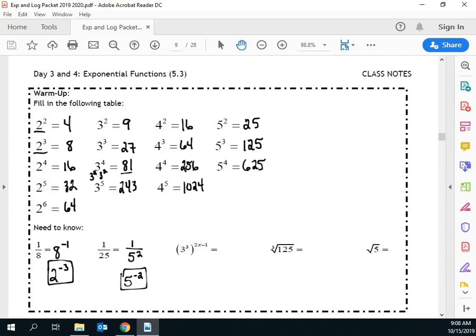And now for this one, they want us to go ahead and simplify. And so we go ahead and do this the best way we can in reducing it, okay? So what you notice is we have 3 to the 3rd raised to this power. You remember back in law of exponents, what is it when a power is raised to a power? What do you do with those two numbers?